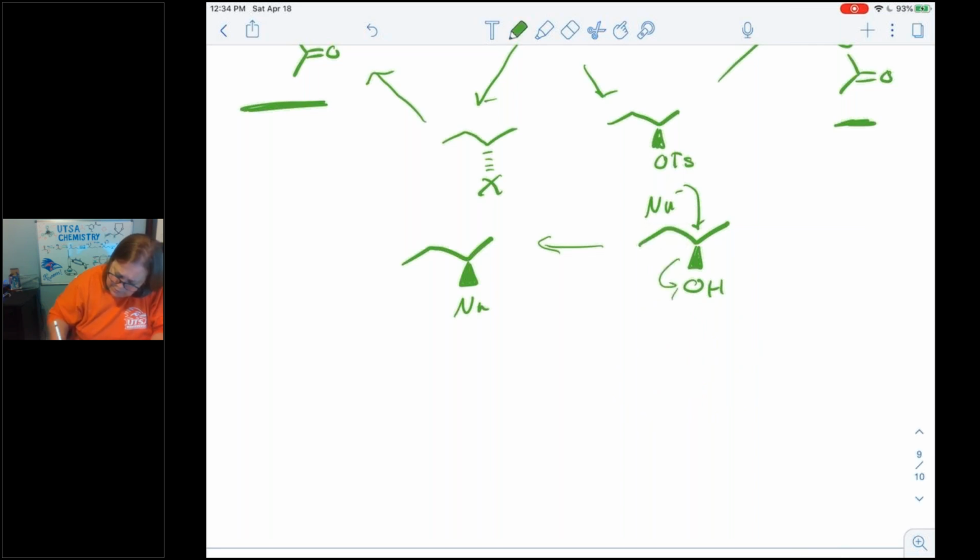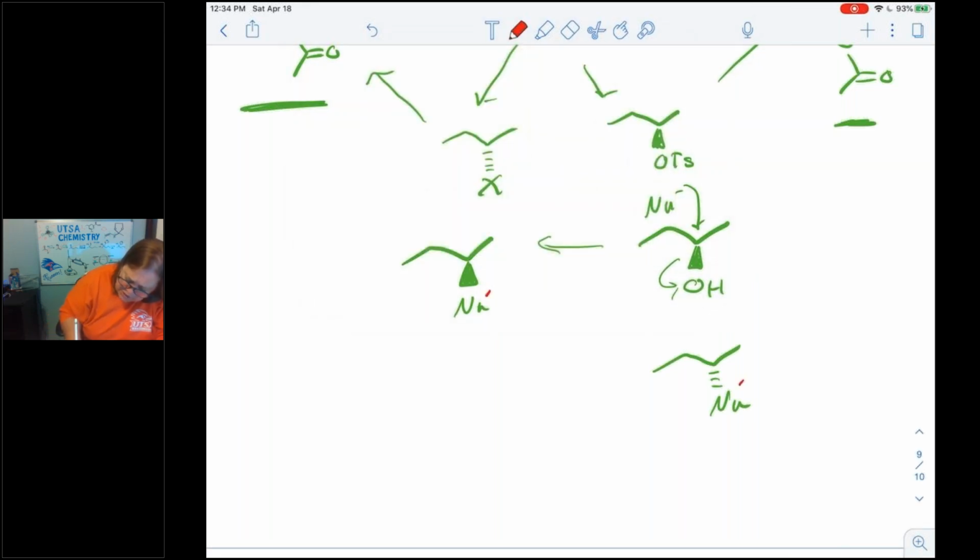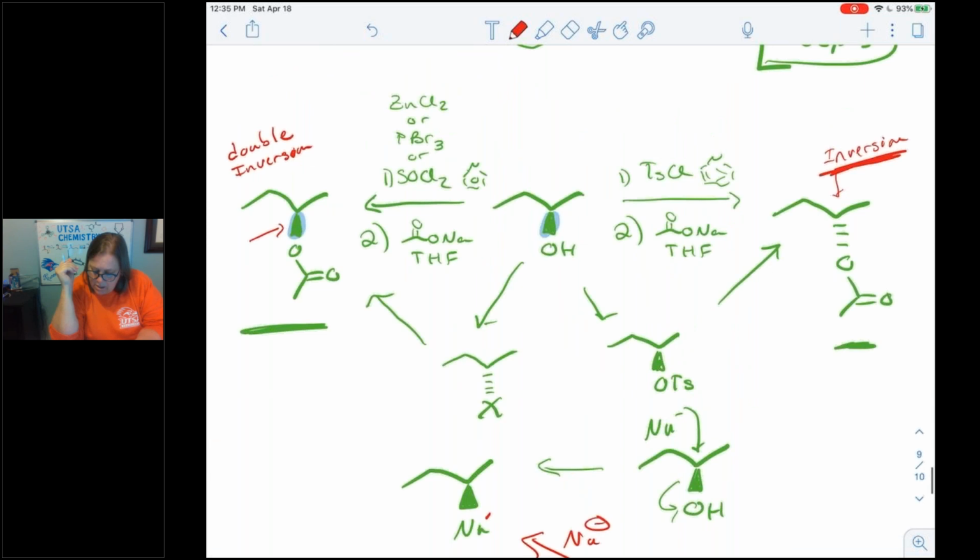And do this. And so this step is going to give me inversion. Okay. And so to do another step, to get it back to being a wedge, I have to do a second SN2 reaction. And that's how I knew. I know that I can't go wedge to wedge. I know that. And so I have to go wedge to dash back to wedge. And it's a two-step reaction. Okay. And so that's important. Did that answer your question?